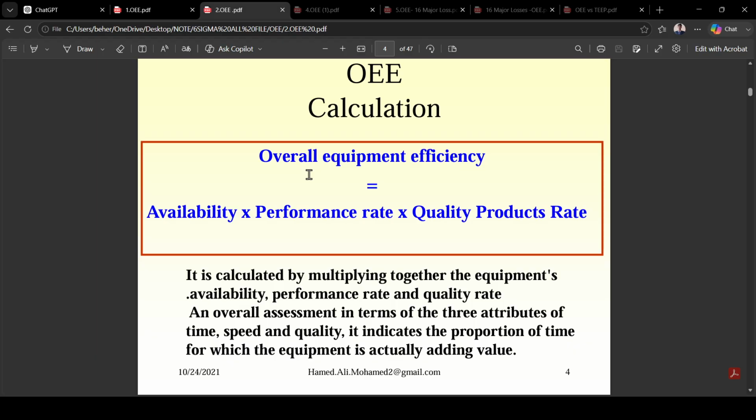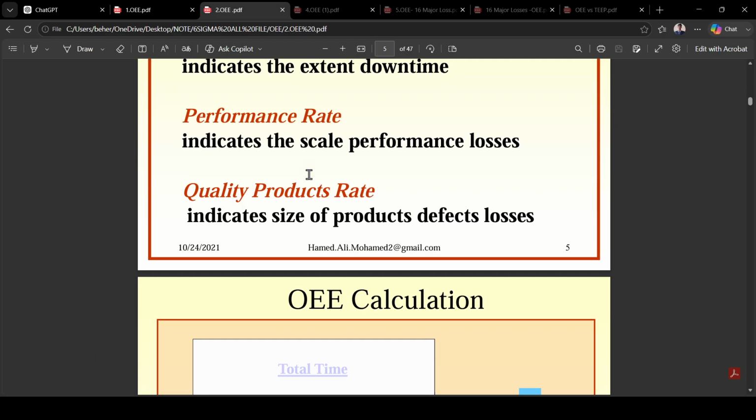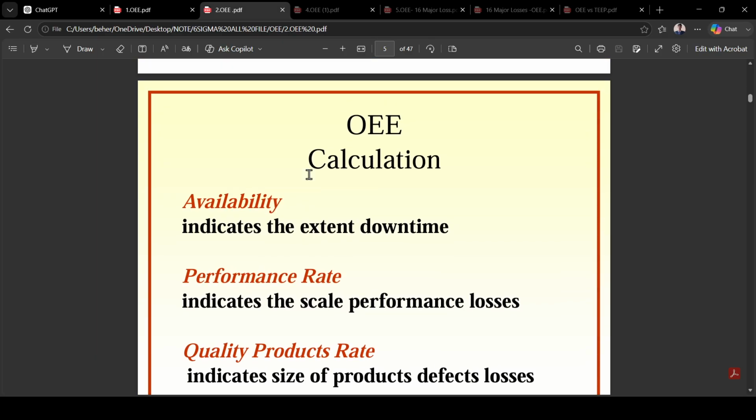It indicates the proportion of the time for which the equipment is actually adding value or not. Availability indicates the extent of downtime. Performance rate indicates the scale of performance losses. Quality products rate indicates the size of product defect losses.